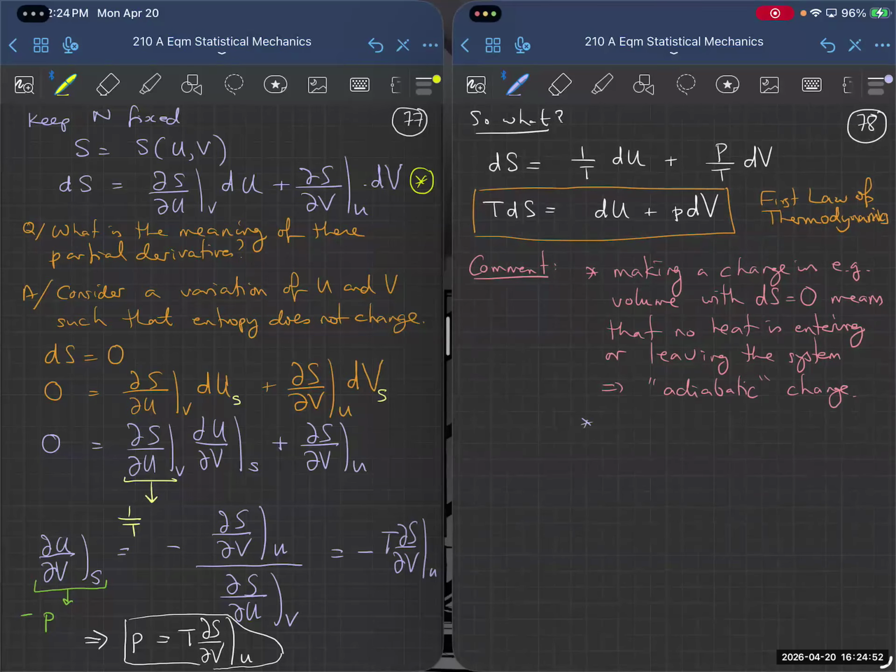And what is an alternative to that? Well, you could make a change in e.g. the volume with the temperature not changing. And so that is an isothermal change.